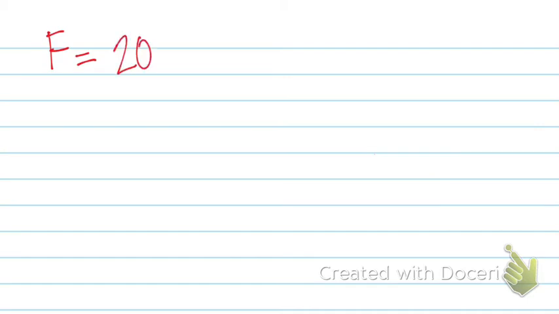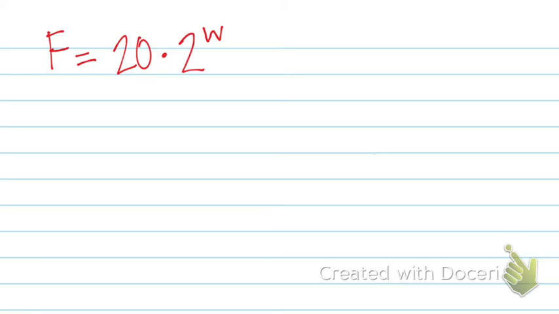So, number 2. F equals 20 times 2 to the power of W. All right, now I want to get 2 to the W by itself.